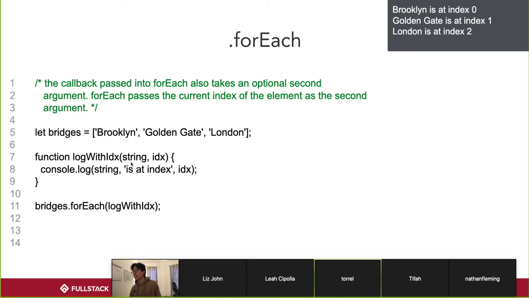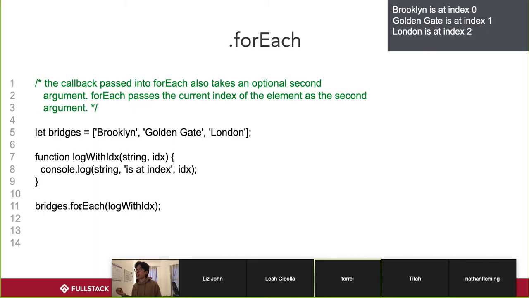So basically, for the function that you pass into forEach, there's a contract that says this first argument is always going to be passed in. So in your function, you always want at least one parameter, right? Otherwise, why are you even calling forEach on the array if you're not going to use the elements in that array?